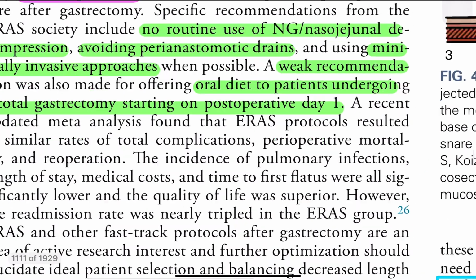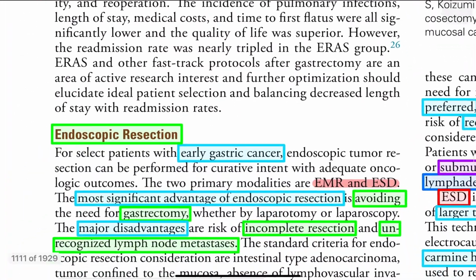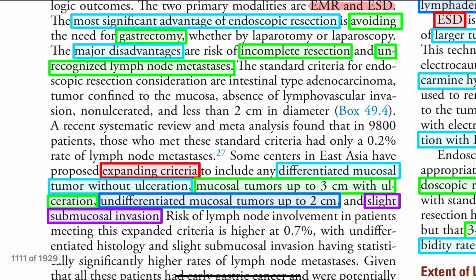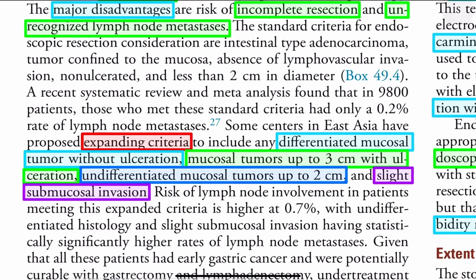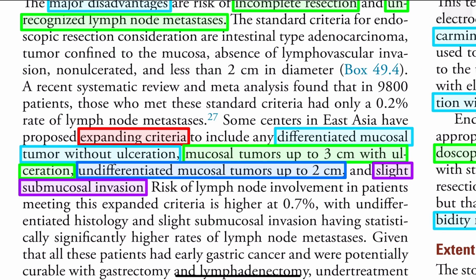This is only applicable to the intestinal type of adenocarcinoma. After this they have given the extended criteria. In the extended criteria they have given the differentiated mucosal tumor without ulceration. If it is differentiated, there should not be any ulceration, and an undifferentiated mucosal tumor up to 2 centimeters. Remember these two key words, as they may confuse differentiated and undifferentiated.